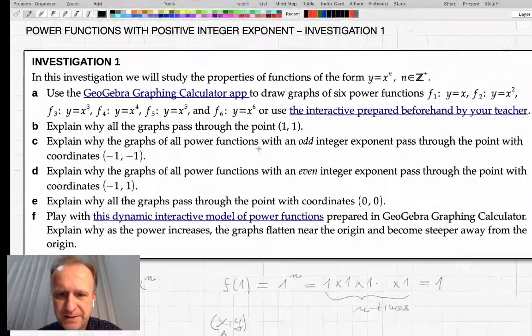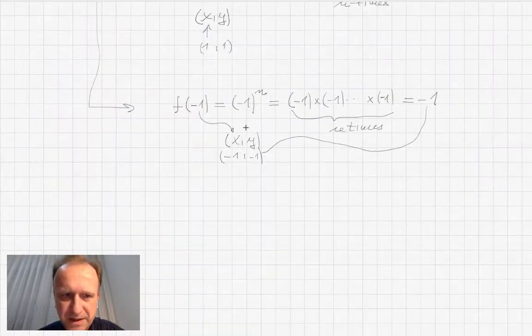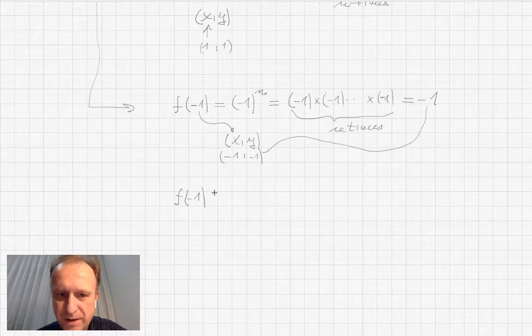Okay, to do that, we try to do the same thing again, but this time we try to evaluate the function value at x equals -1, but the only difference here, well, it's going to be (-1) to the power of n. The only difference is that n is an even number here.